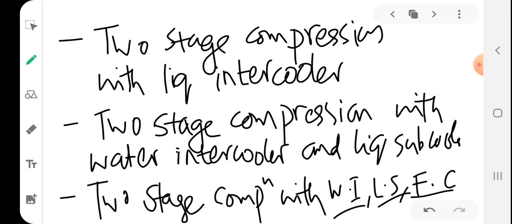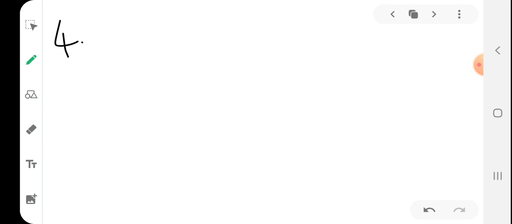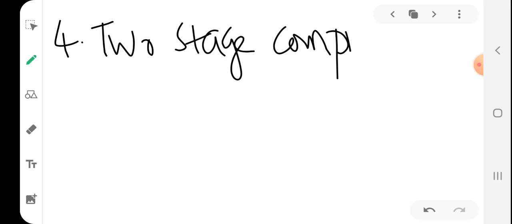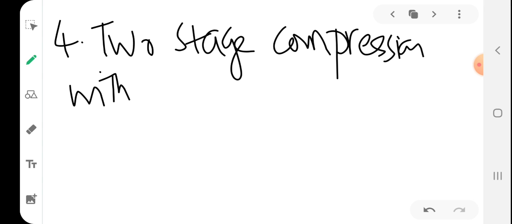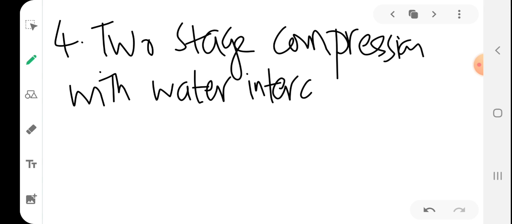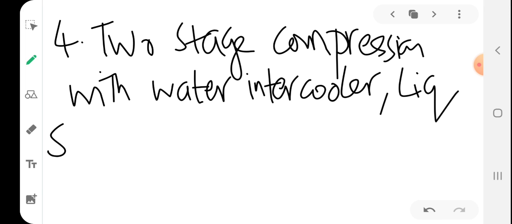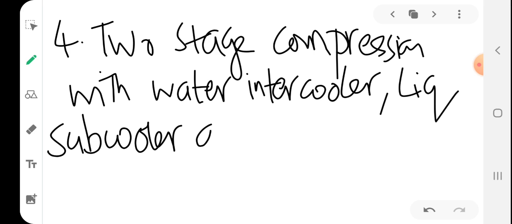And students, today we are going to learn a fourth type: two-stage compression with water intercooler, okay, and liquid subcooler, and instead of flash chamber where flash gas is removed, I am using a flash intercooler.